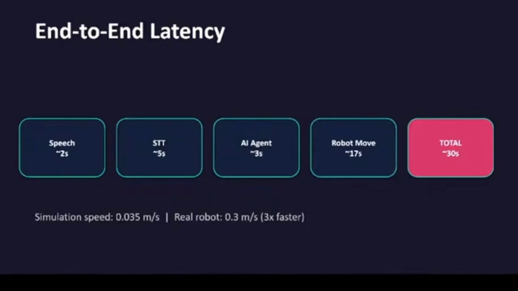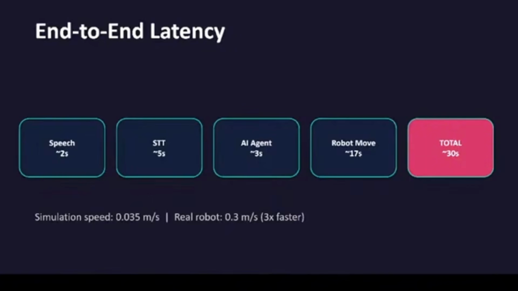This text from our neural network will be sent to the AI agent, which handles it in around 3 seconds. And of course, the robot emulator movement takes, let's say, 17 seconds. That's half a minute in total. Not so fast, but near real time. Let's call it that.